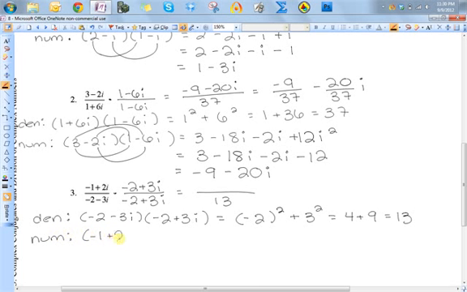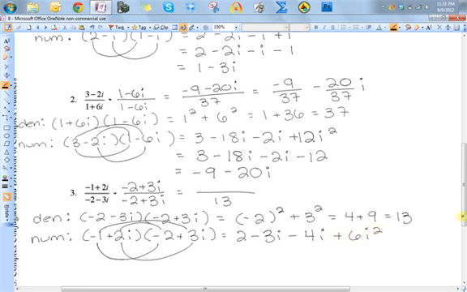Negative 1 plus 2i times negative 2 plus 3i. Okay, so first is positive 2. Outside is negative 3i. Inside is negative 4i. And last is plus 6i squared.